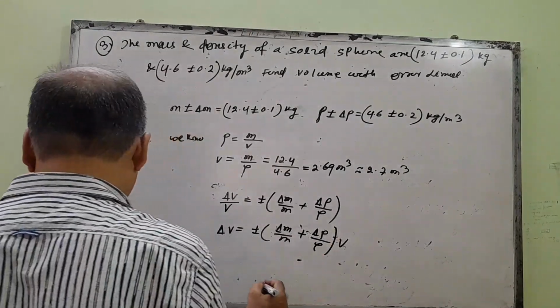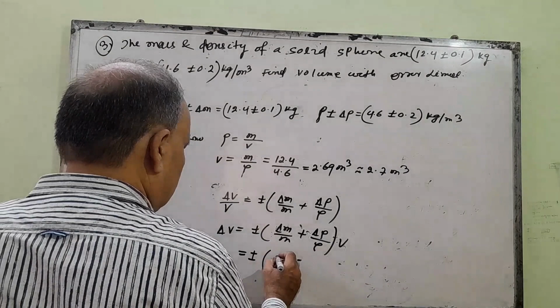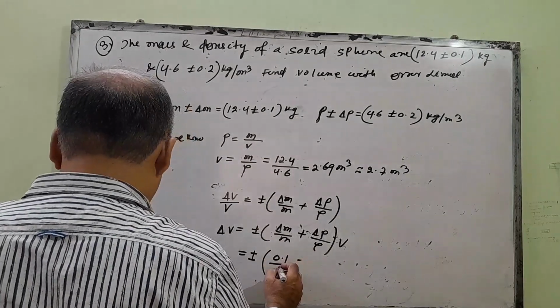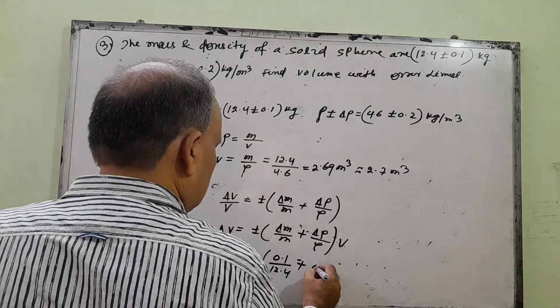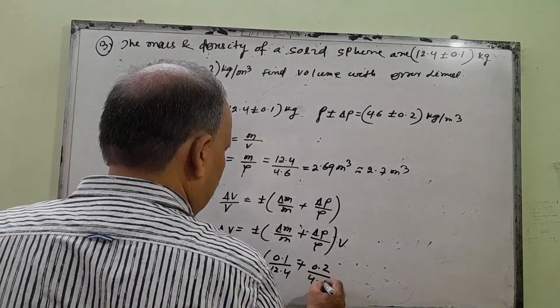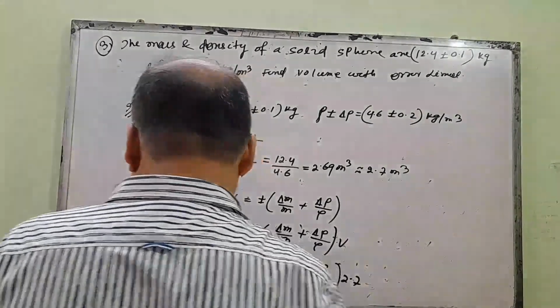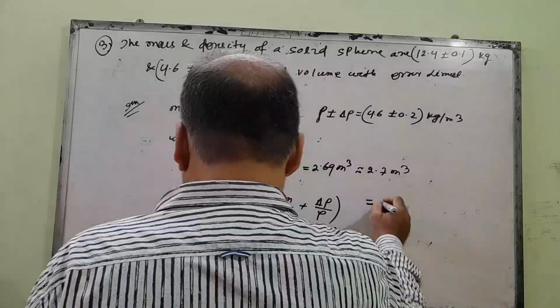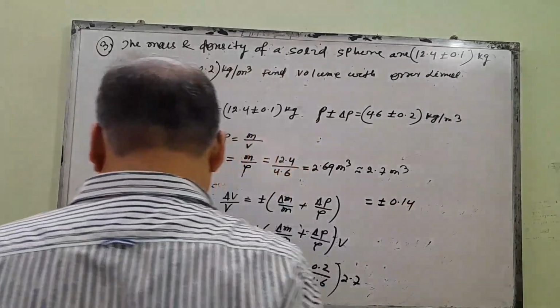Delta V is equal to plus minus (delta m by m plus delta rho by rho) into V, that is your plus minus (0.1 by 12.4 plus 0.2 by 4.6) into volume, which is your 2.7. You calculate it, that is equal to plus minus 0.14.